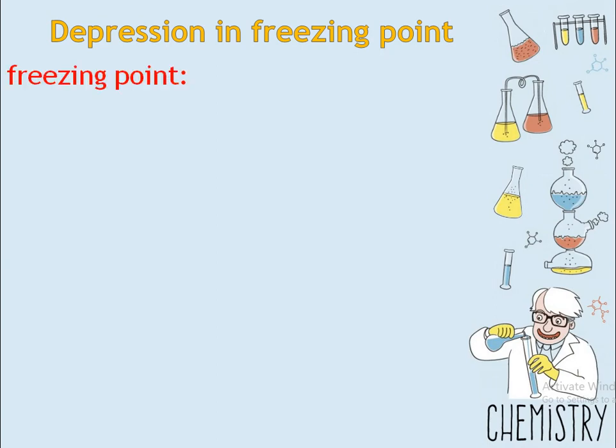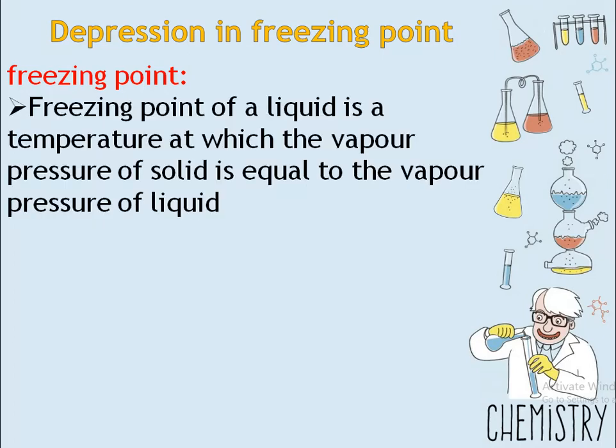Hence, freezing point can be defined as the temperature at which the vapor pressure of a substance in its liquid phase is equal to the vapor pressure in its solid phase. So we can say that the freezing point of a liquid is the temperature at which the vapor pressure of a solid is equal to the vapor pressure of the liquid.